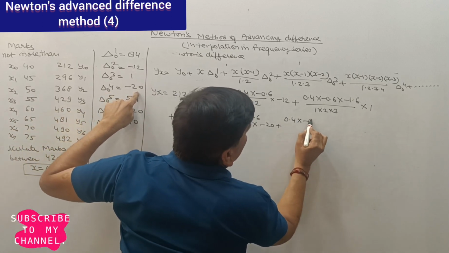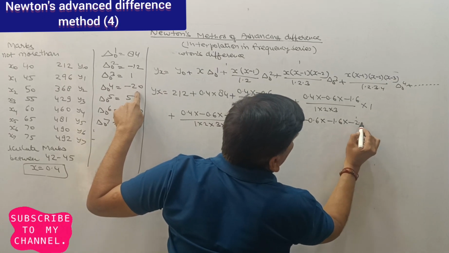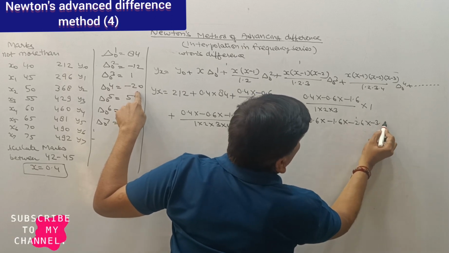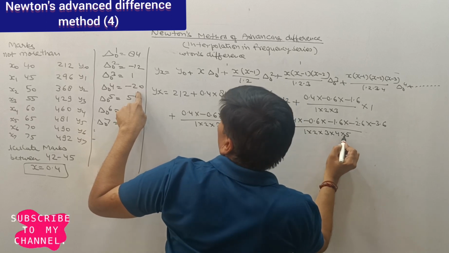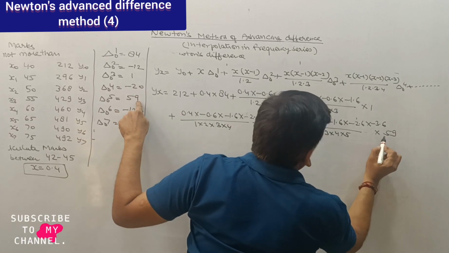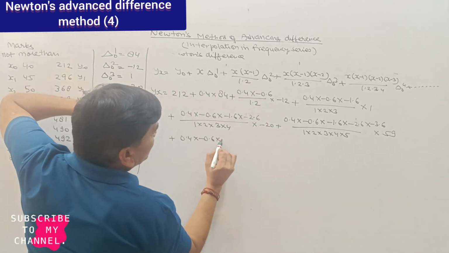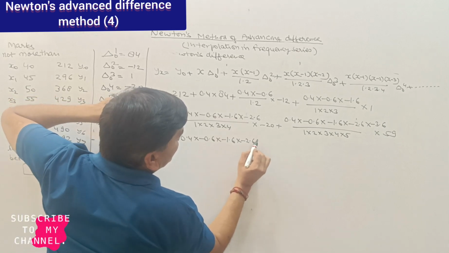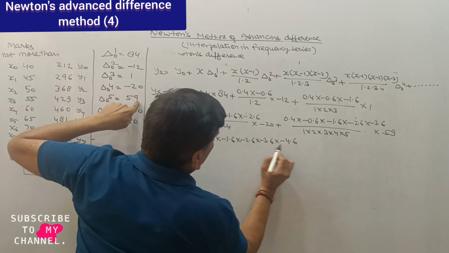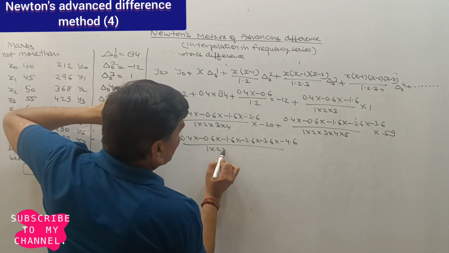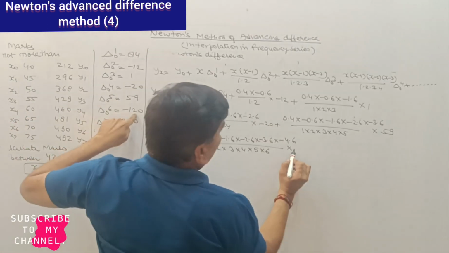0.4 multiply minus 0.6 multiply minus 1.6 multiply minus 2.6 multiply minus 3.6 divided by 1 multiply 2 multiply 3 multiply 4 multiply 5, multiply 59. Then 0.4 multiply minus 0.6 multiply minus 1.6 multiply minus 2.6 multiply minus 3.6 multiply minus 4.6 divided by 1 multiply 2 multiply 3 multiply 4 multiply 5 multiply 6, multiply minus 120.